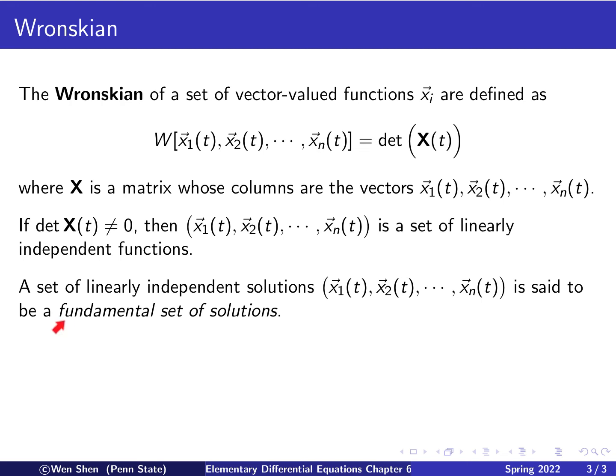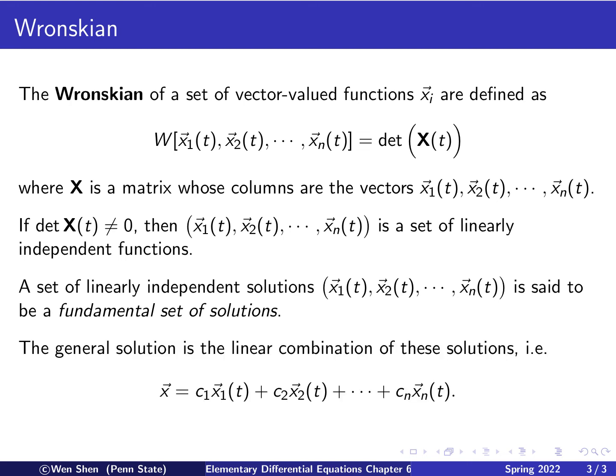Very similar terminology to second-order equations we studied earlier. Once you have this set of solutions, you can use that to form the general solution. The general solution is just the linear combination of these: you take each solution, multiply by an arbitrary constant, and then add them all up.